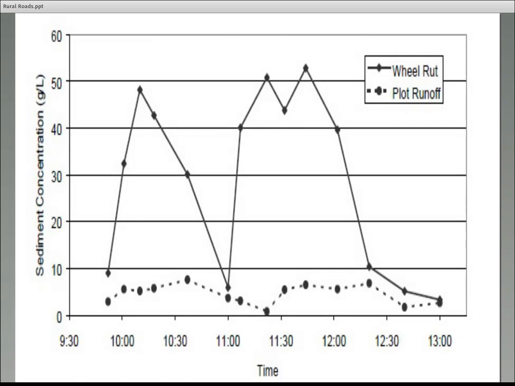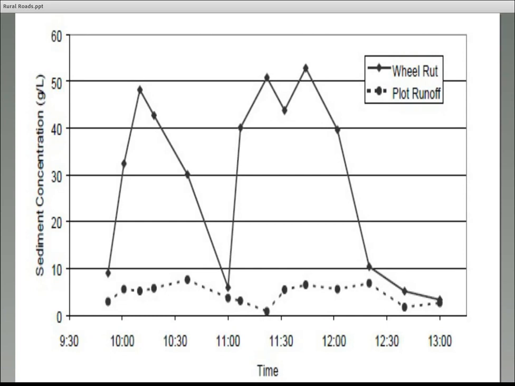Rilling and gully erosion. So the degree of concentration is also important, as I suggested. And one of the things that can really concentrate runoff is wheel rutting.